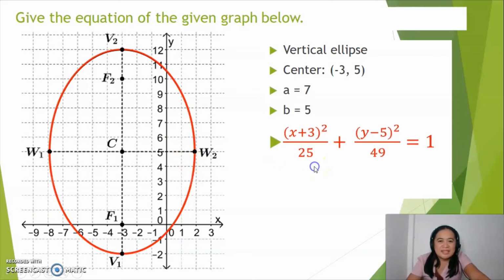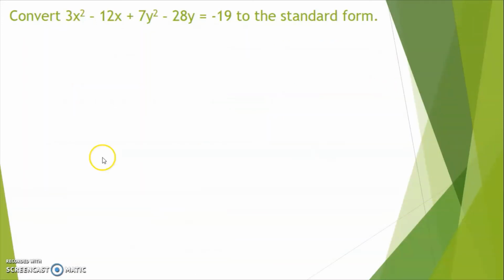So writing this in the standard equation, that would become (x + 3)^2 over 25 and (y - 5)^2 over 49 is equal to 1. So 49 is bigger than 25 and it is under y because it is a vertical ellipse.